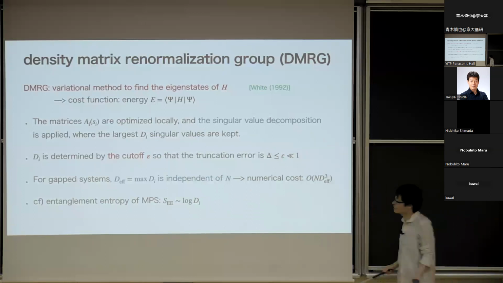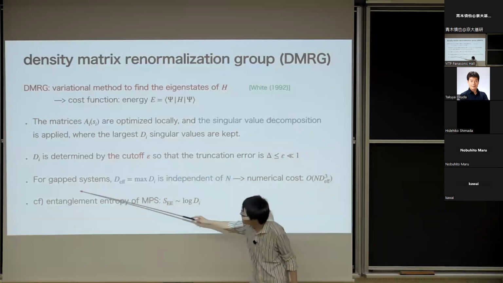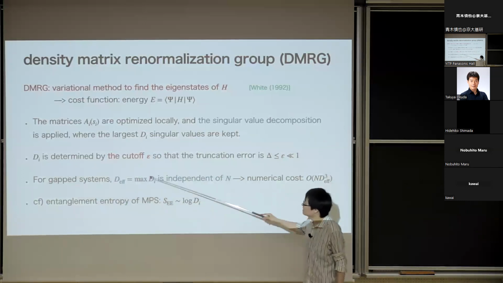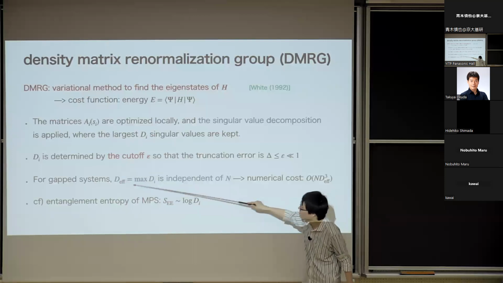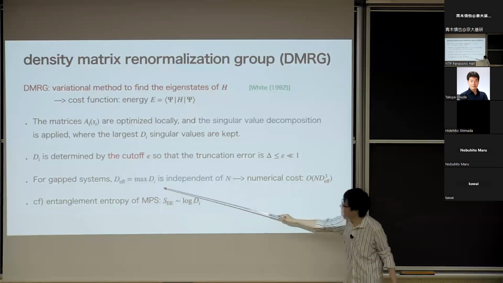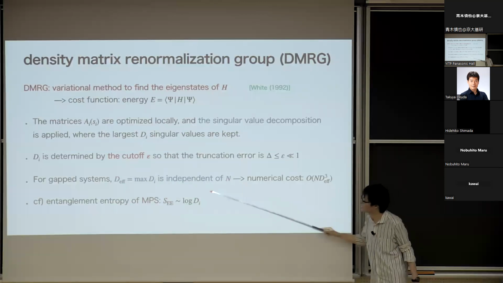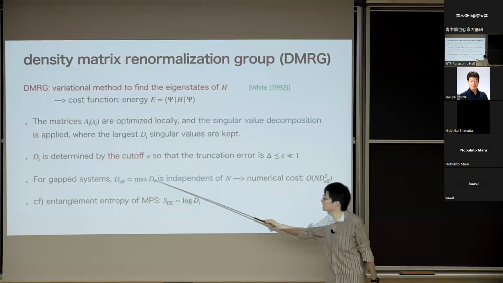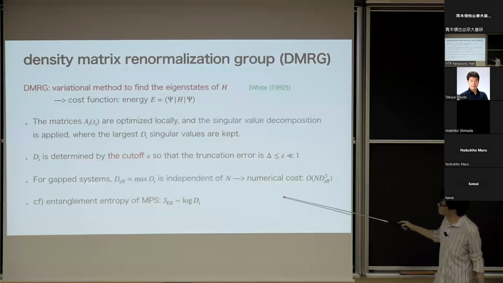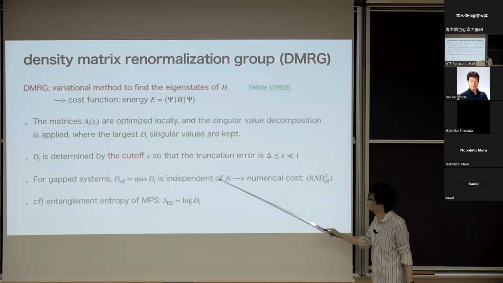And as Kano-san said, for a gapped system, if we define the maximum of this bond dimension, the effective one is independent of n. So the bond dimension is finite. This is a very nice property of MPS.